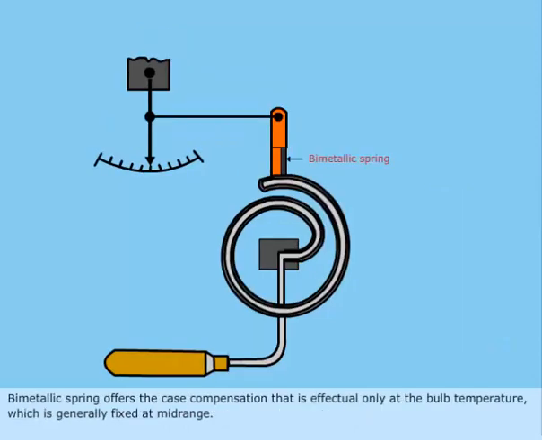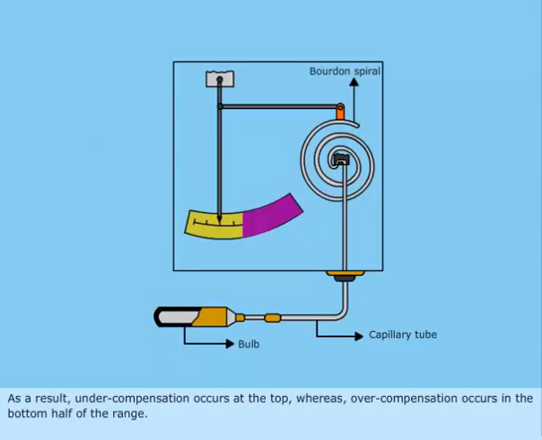Bimetallic spring offers the case compensation that is effective only at the bulb temperature, which is generally fixed at mid-range. As a result, undercompensation occurs at the top, whereas overcompensation occurs in the bottom half of the range.